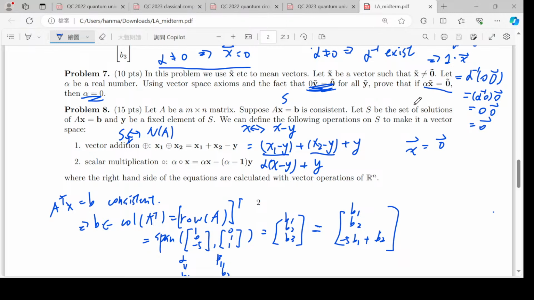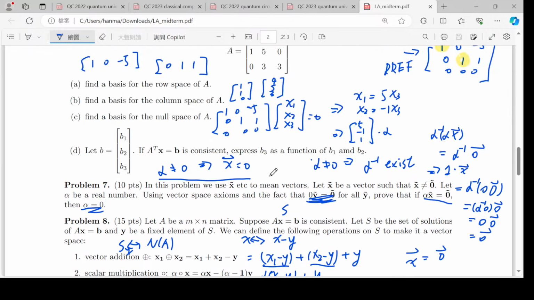A lot of people try different things, but a good way to see whether your answer is wrong is whether you have used this.